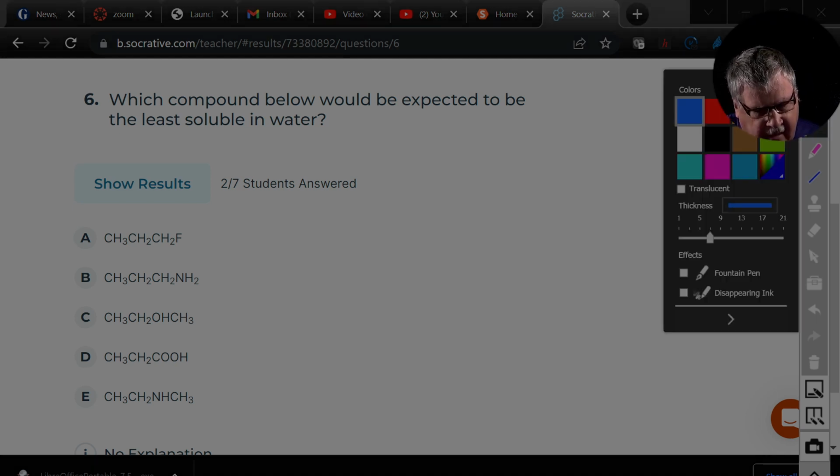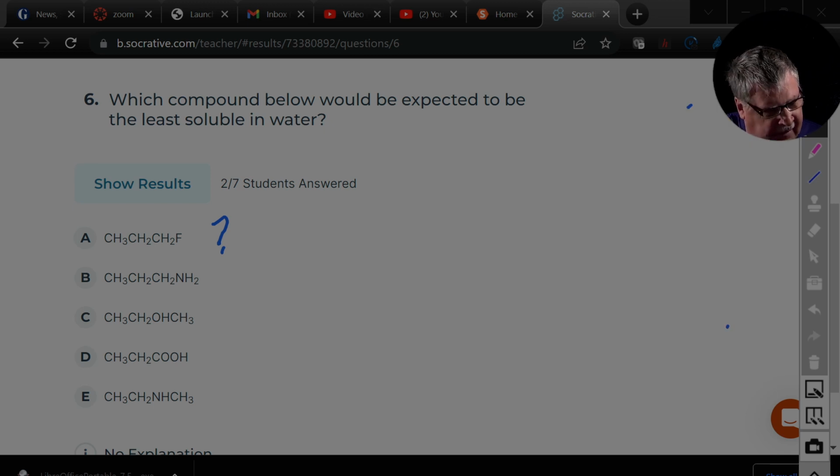We'll put a question mark there. All right, what about the next one? What do we see that might show hydrogen bonding? We see this NH2 group here at the end of it, so that one has hydrogen bonding.